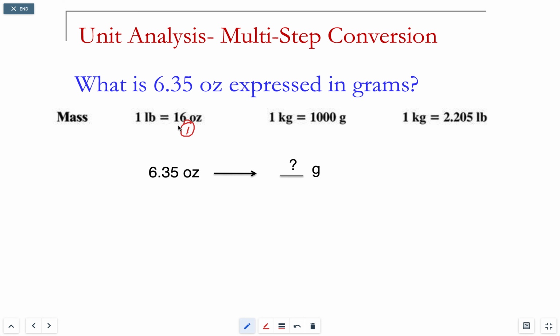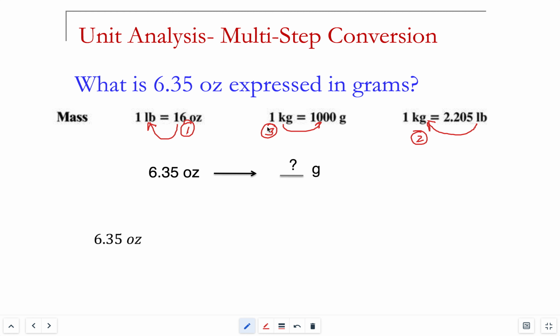We will then convert from ounces to pounds. Okay, so that's our first step. Once we're in pounds, we can convert from pounds to kilograms by constructing a second conversion factor. And so this would be step 2. And once we're in kilograms, we can convert from kilograms to grams through this equivalent statement.